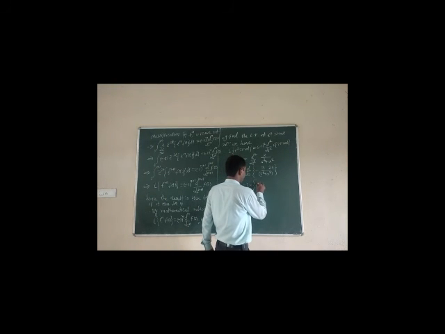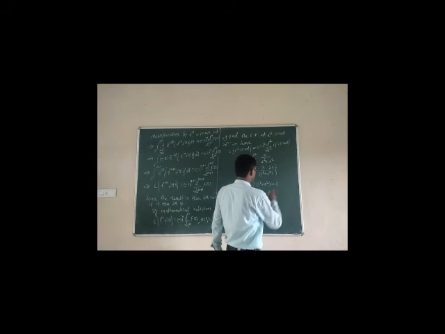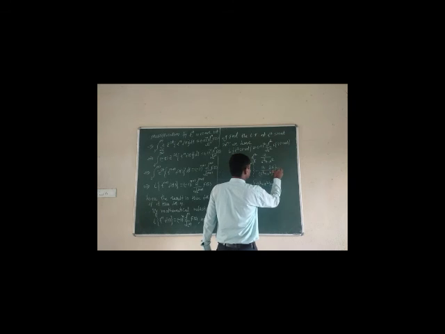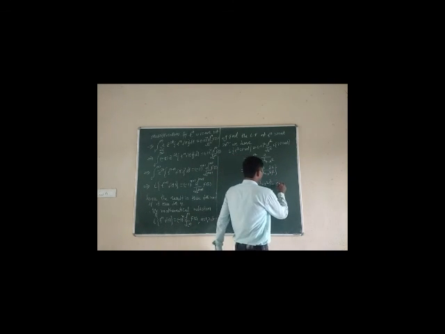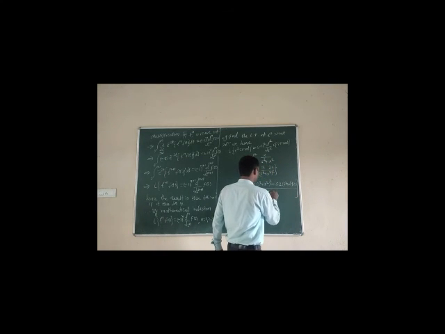This is s square plus a square whole square into the derivative of s, which is 1, minus s into the derivative of this term, which is 2 times s square plus a square into the derivative of this term, that is twice s, divided by s square plus a square to the power 4.